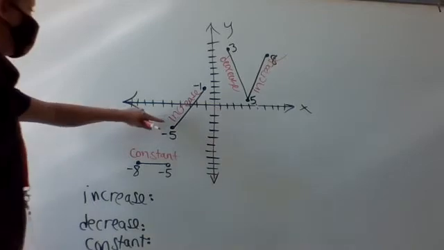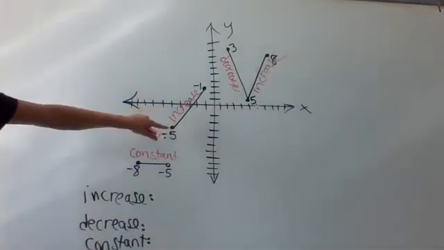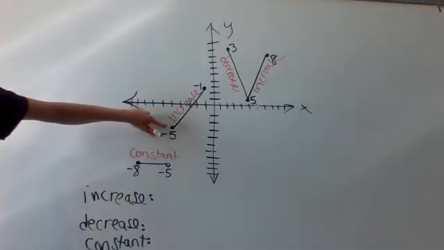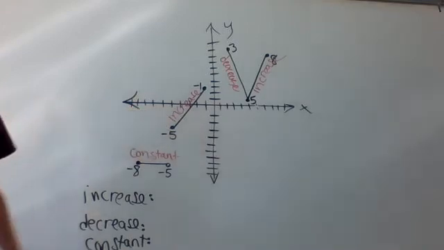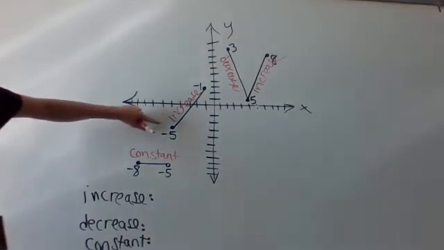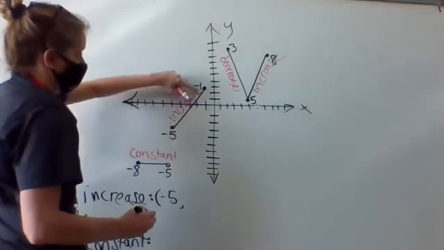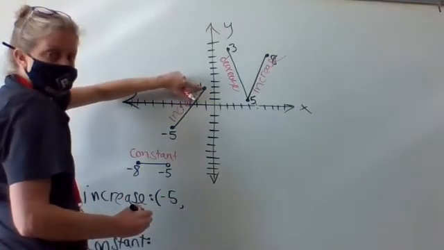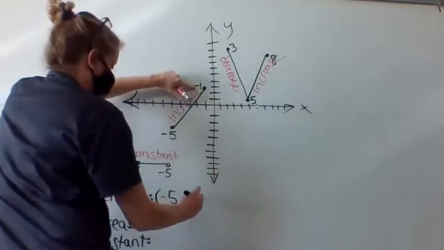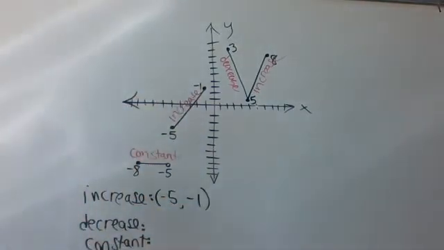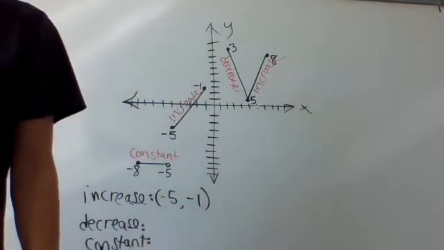Using the x coordinates that I put up there, where does it start increasing? It starts at -5, and it increases until it gets to this point, and that x coordinate is -1. So there's the first increasing interval.